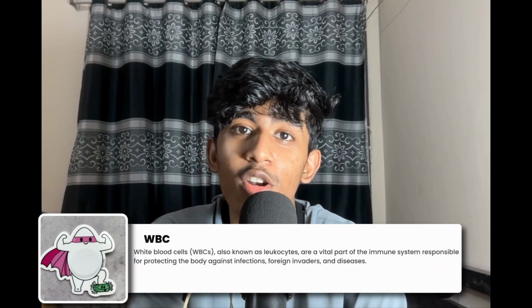Then we have white blood cells. They are not white, but kind of transparent, and that's why they are called white blood cells. And we have platelets, which help in clotting: when we get a cut, they help in clot formation and stop the bleeding.